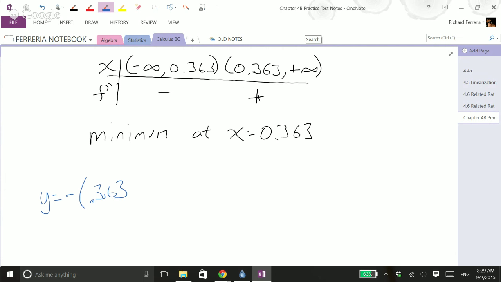What are the next 2 digits? 0, 0, 3? Thanks. Point 1 something? There's a 0.09. Or am I way off? 1317? Great.